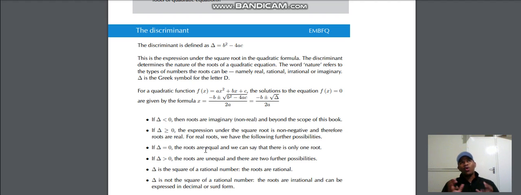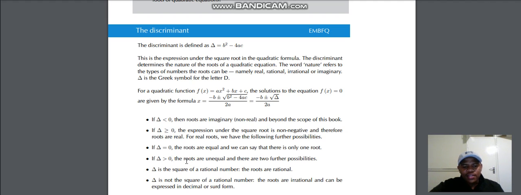Now, when we say there is only one root, we do not necessarily mean there is one root. We're just saying that there is one repeated root. It's the same root appearing twice, because in actual fact, in a quadratic function, we cannot have only one root, right?